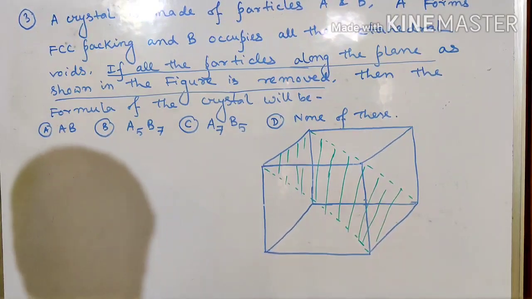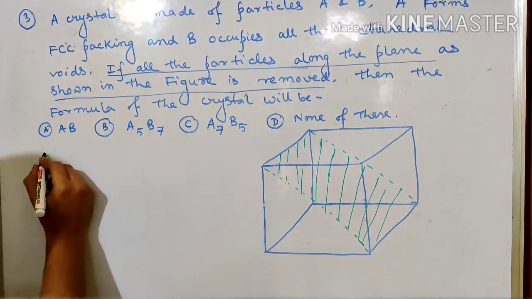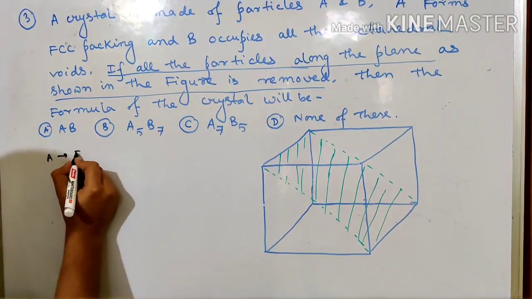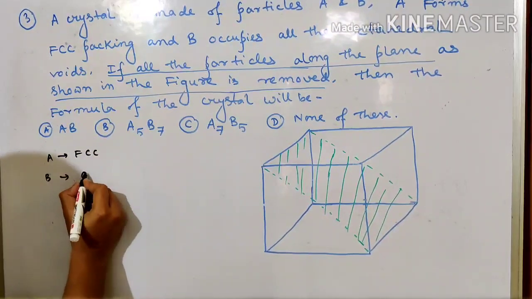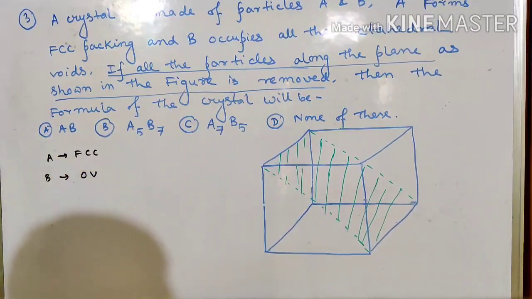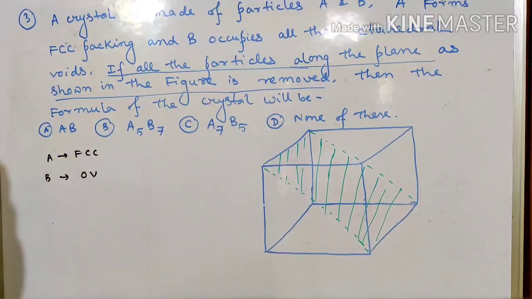First of all, it is made up of particles A and B. So A forms FCC and B occupies all the octahedral voids. According to that, if B occupies all the octahedral voids and it is FCC, there are two types of octahedral voids, as we know.